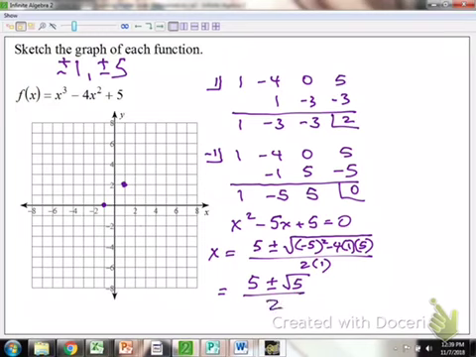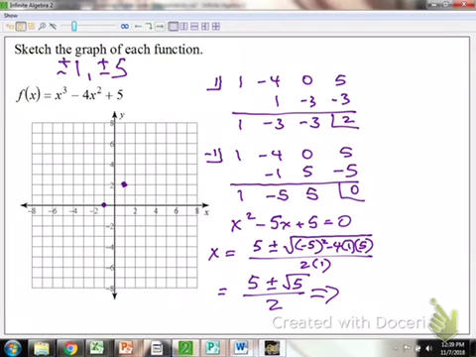Now, because I'm actually sketching the graph of this, I need to get decimal approximations for these two things. So 5 plus the square root of 5 is 11.81 divided by 2. No, that's not right. I did 5 times the square root of 5.